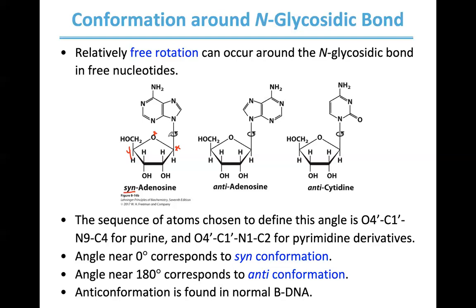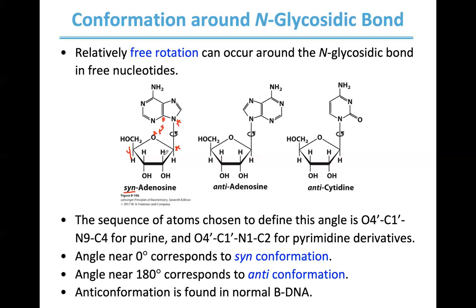Then N9, which is the nitrogen 9 of the purine, and C4 of the purine is this one. So now follow these four atoms, and you can see that this is a syn conformation, right? If you rotate about this carbon-nitrogen bond, these two are on the same side.